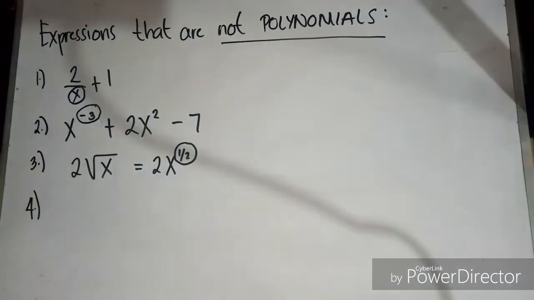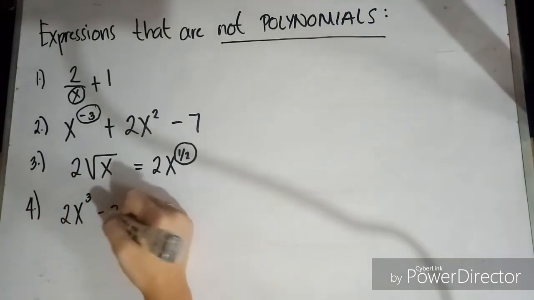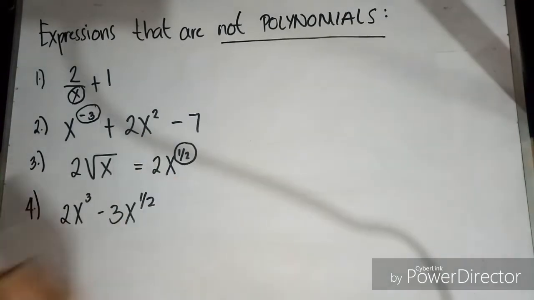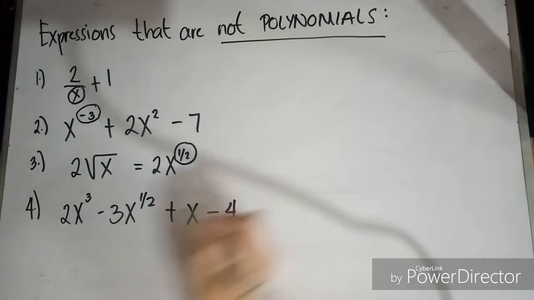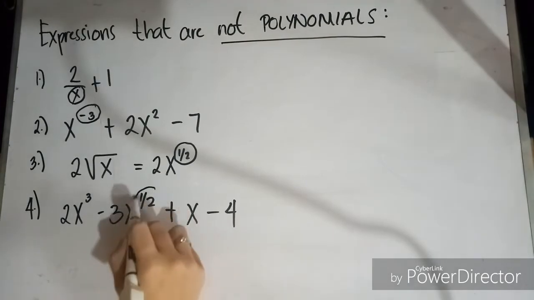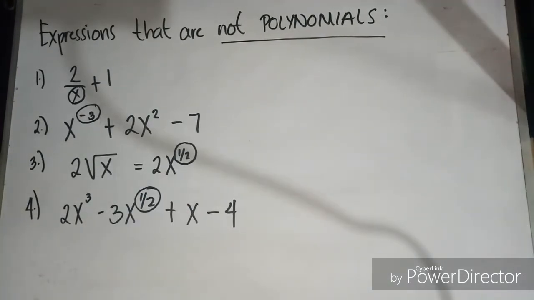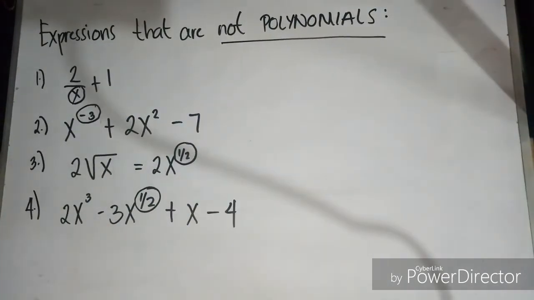Take a look at example number 4. 2x cubed minus 3x to the power of 1/2 plus x minus 4. Why do you think that this is not a polynomial expression? Because one of the exponents is a fraction, just like in example number 3.